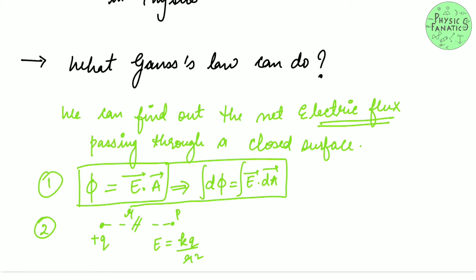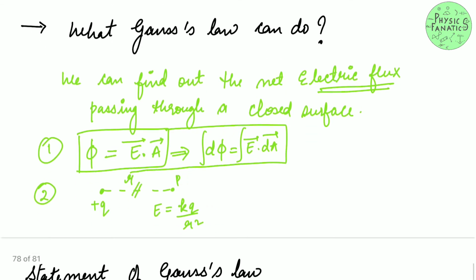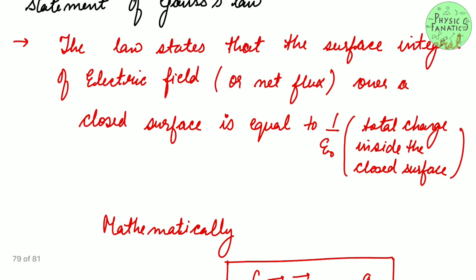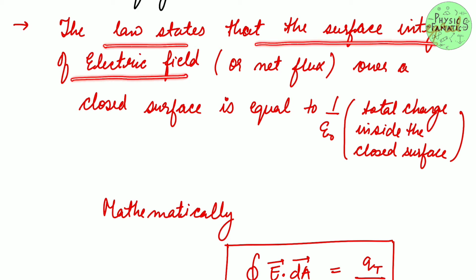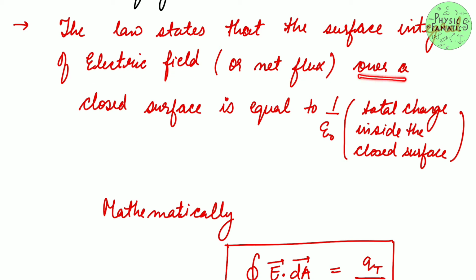Okay, so let's move on to the statement of Gauss law so that we can understand it much better. The law states that the surface integral of electric field, which means the net flux through that surface, over a closed surface is equal to 1 upon epsilon naught times the total charge inside the closed surface.